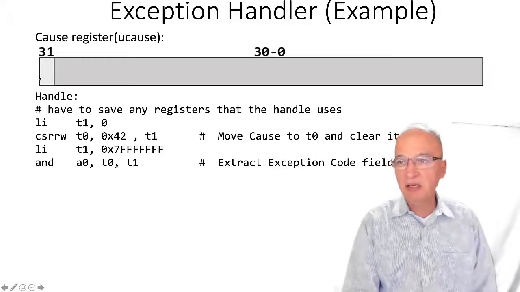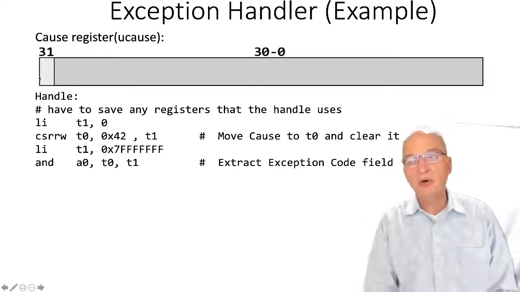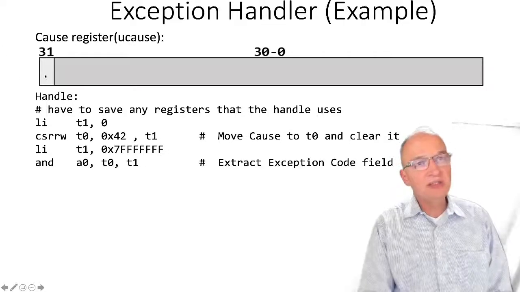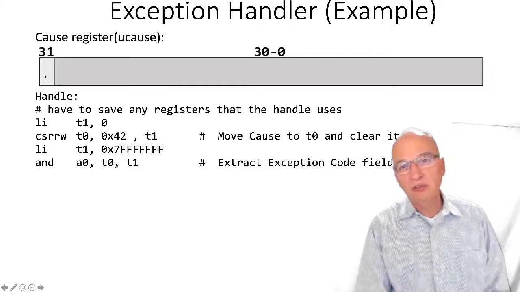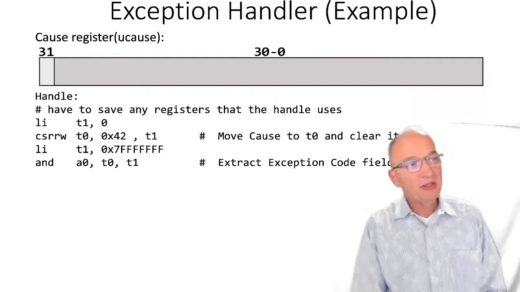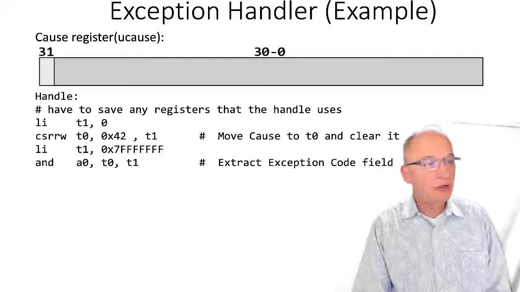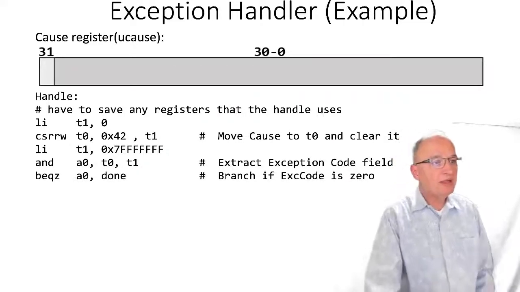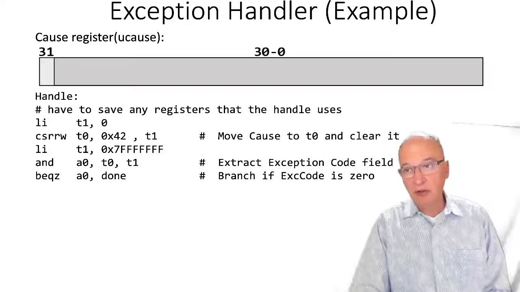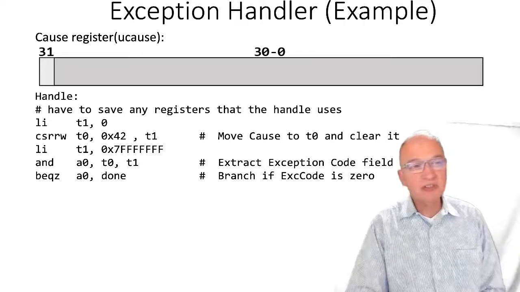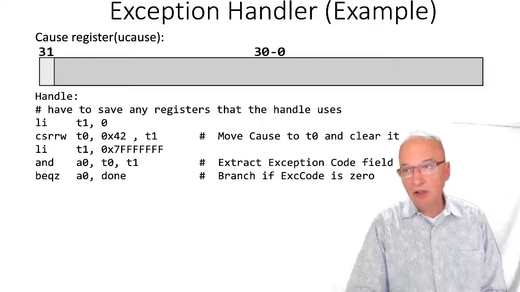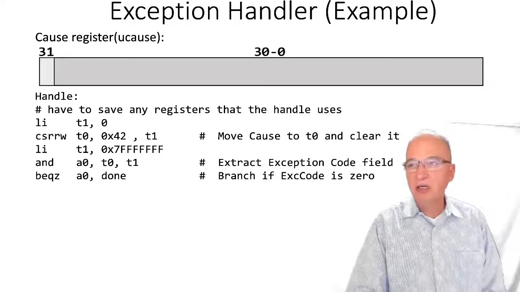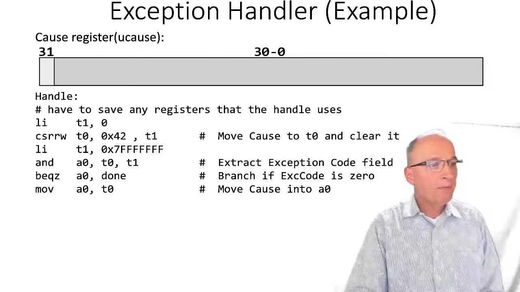So basically I am masking out the bit 31 because the bit 31 is only used to indicate whether it was an exception or whether it was an interruption. Therefore the bit 31 is not part of the code for the cause. And now I'll say that if this value is 0, so if the exception code was 0, then I'm done. There's nothing for me to do. I'm only interested in the cases where the exception code is not 0.